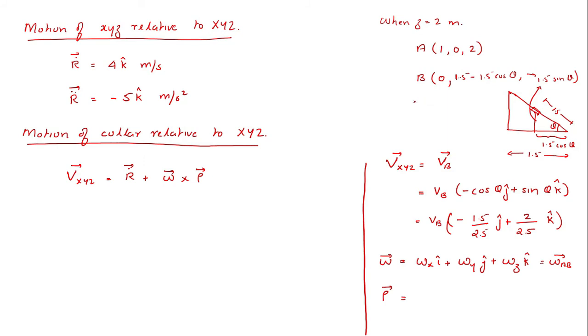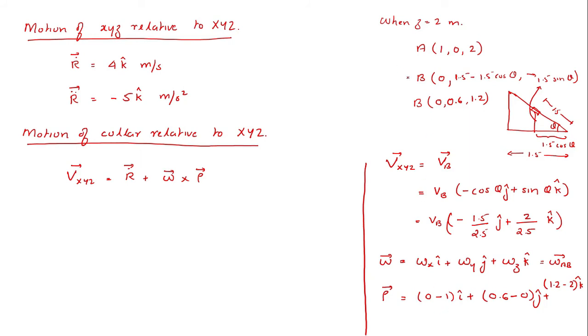Okay, so this will be equal to 0.6, 1.2. So my rho vector as such will be equal to 0 minus 1 into i cap plus 0.6 minus 0 into j cap plus 1.2 minus 2 into k cap.